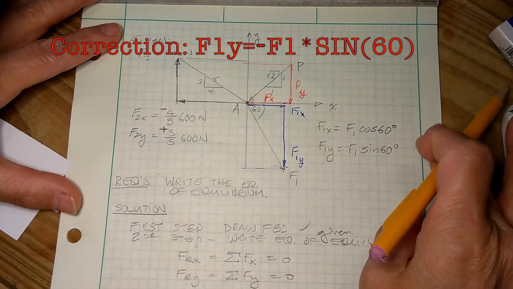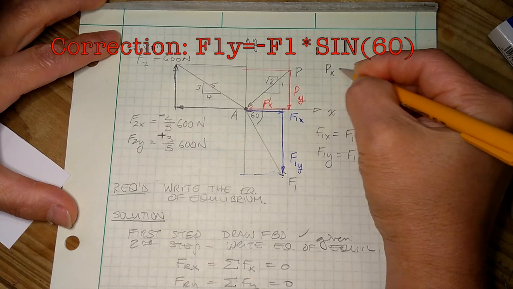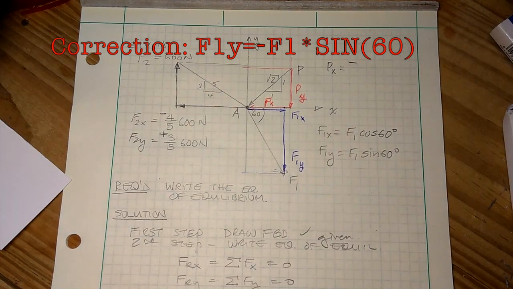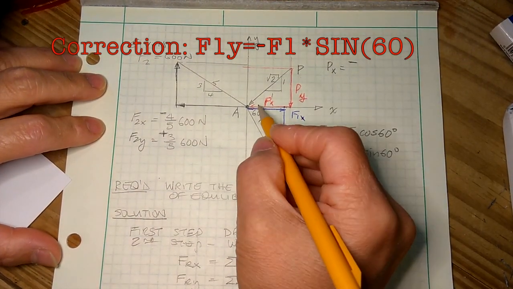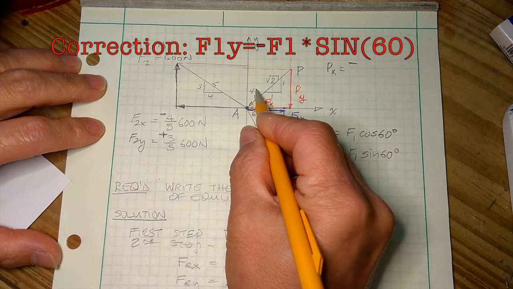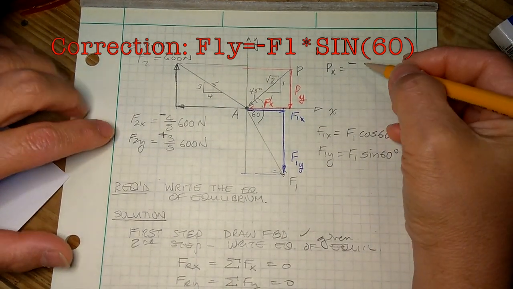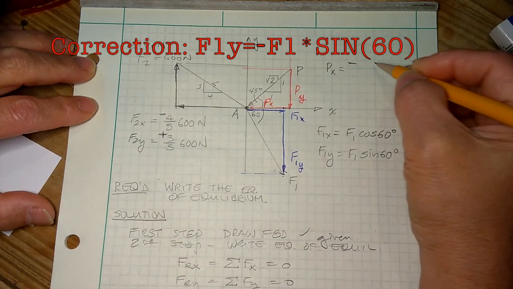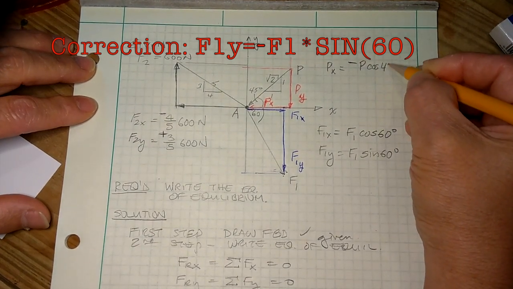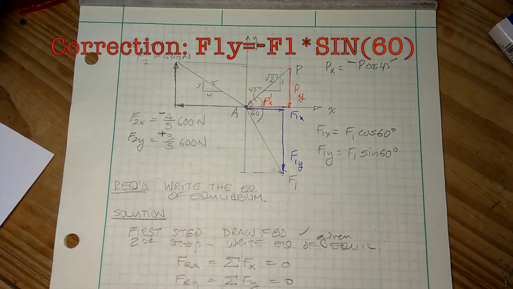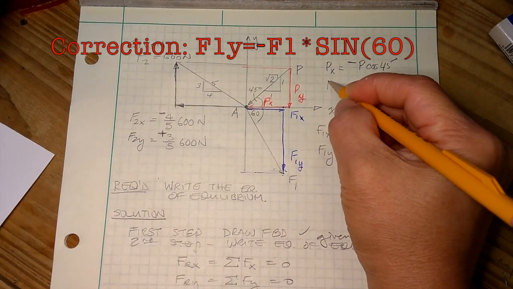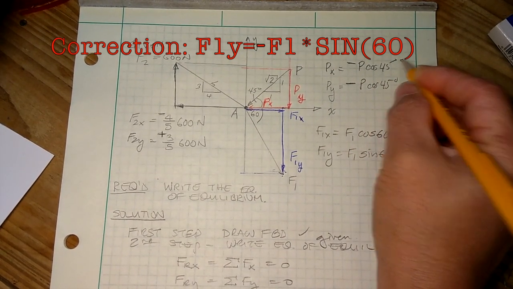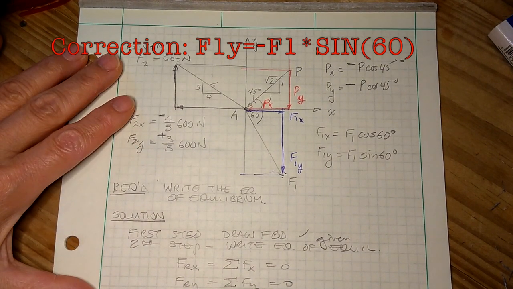Let's go to force P. Px would equal negative P cosine of 45 degrees, since a 1, 1, radical 2 triangle simply says it's at 45 degrees. So I'm just going to use that value, and the y component is also in the negative direction, so I would have a negative P sine of 45 degrees.